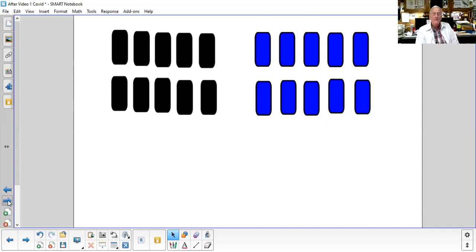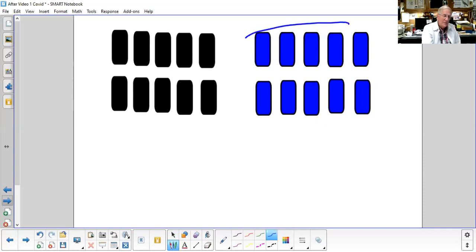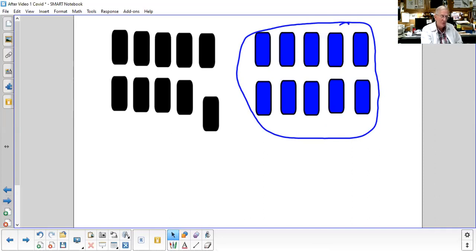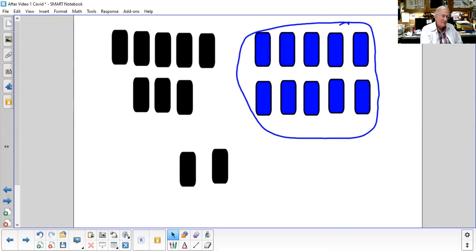It is, right? So if you drew all of these out, you would have drawn out 10 socks so far. And how many more would you have to draw to have what you want? Well, you'd have to draw out 2 more. And now I'd have a pair of black socks.